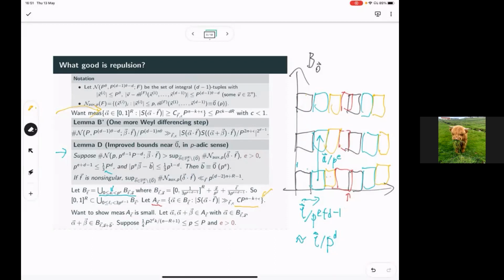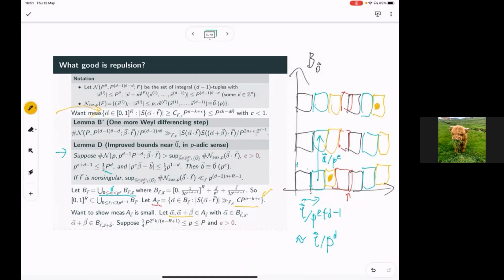So what we do is we take two different points in the same colorful neighborhood on which the exponential sum is large. Maybe one of them is here and one of them is here. So these are alpha and alpha plus beta. This is a comma, not a prime, slightly unfortunate typesetting.